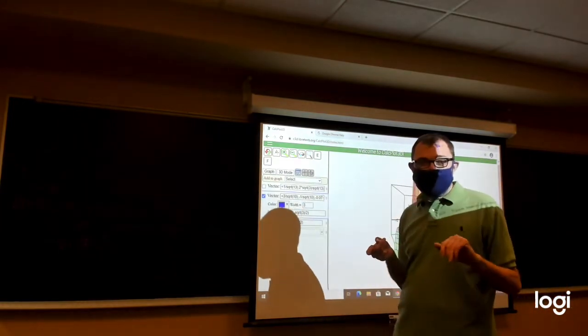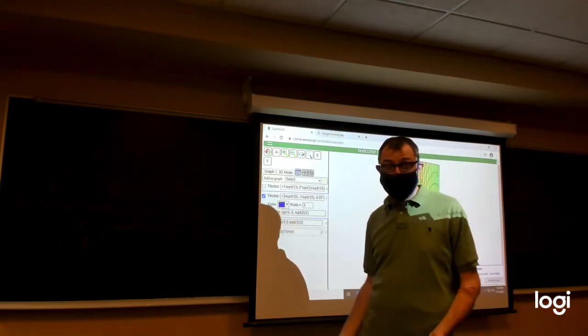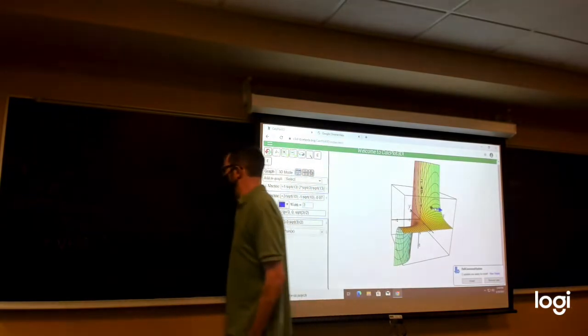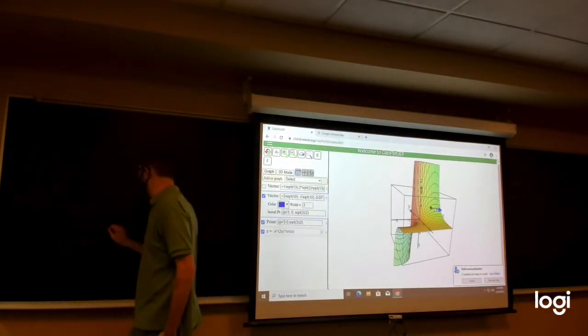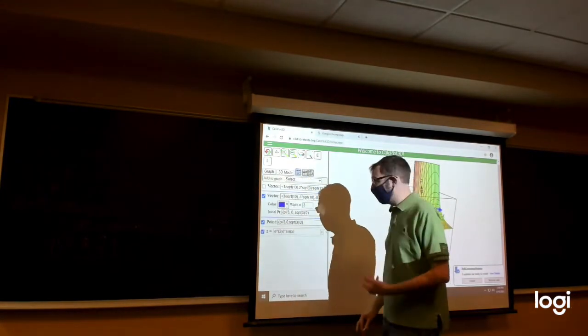If it's negative, that means we're going to be walking downhill. If it's positive, that means we're going to be walking uphill. And this formula here, we talked about last time, is the way that you would go about evaluating that.